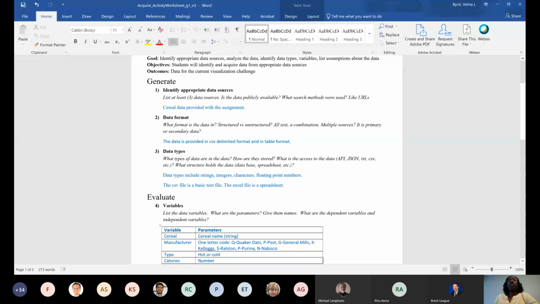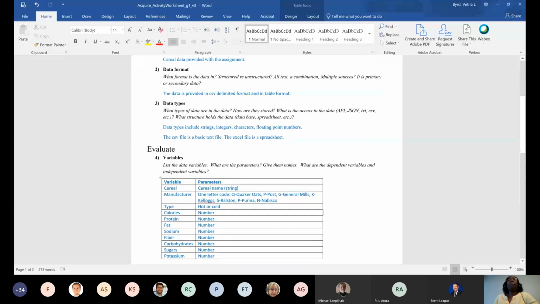The worksheet asks what data types are there. This is where we really take a close look at the data, making sure that we understand every element of it. The data types include strings, integers, characters, and floating point numbers. And again, the file was provided either as a text file or as an Excel spreadsheet file, so there were two formats.